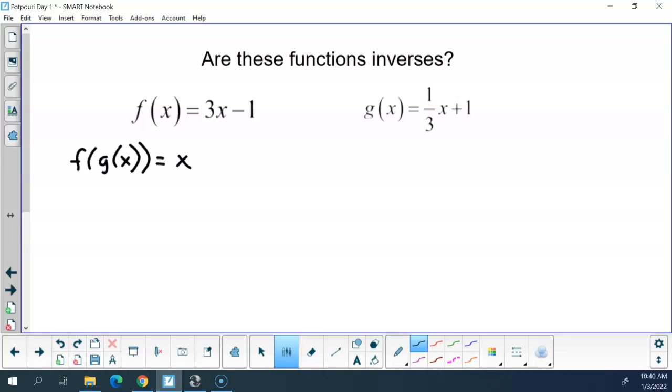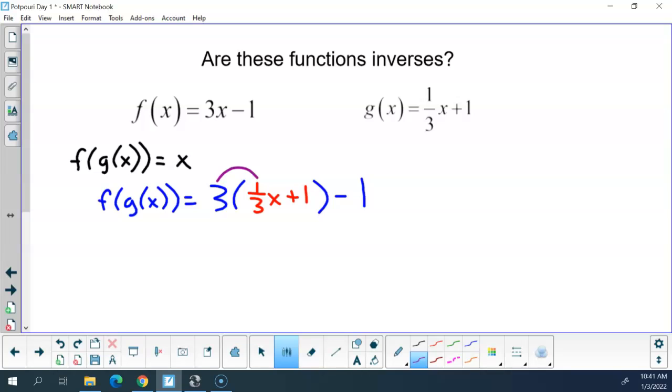Got to equal x. So then f of g of x would be 3 times something minus 1. And that something's got to be x plus 1. 1/3 times 3, 1 times x, x. 3 times 1, 3. 3 minus 1, 2.